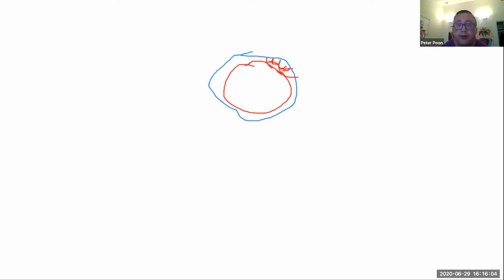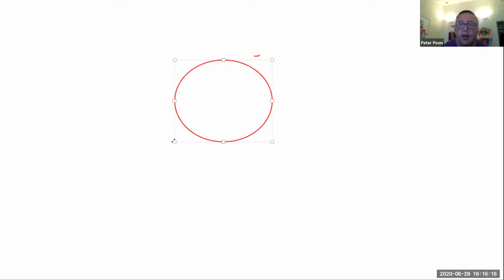Interstitial growth. I'll draw a circle. So there's my piece of cartilage. Inside of my piece of cartilage is a chondrocyte. That chondrocyte will divide in two. And what will happen is these two will grow new matrix.